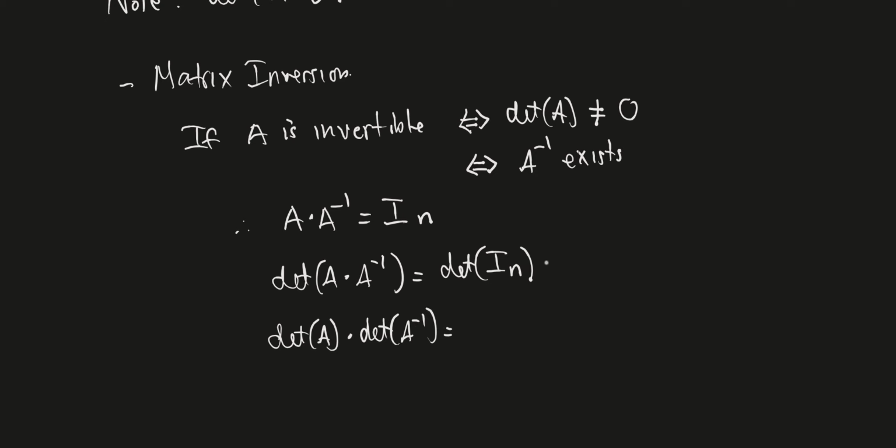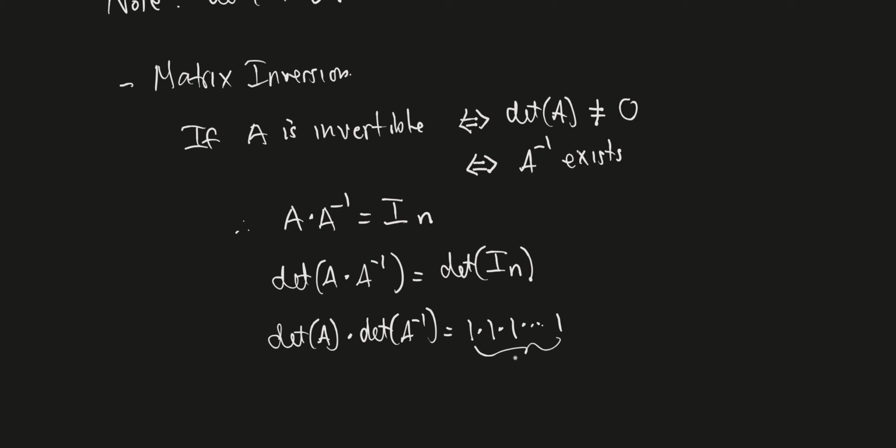Now let's ask ourselves, what is the determinant of the identity matrix? Remember, the identity matrix is that special diagonal matrix that has ones on the main diagonal. And since it is a diagonal matrix, I can find its determinant by multiplying the entries on that main diagonal. So what I would have is 1 times 1 times 1 times dot dot dot 1.